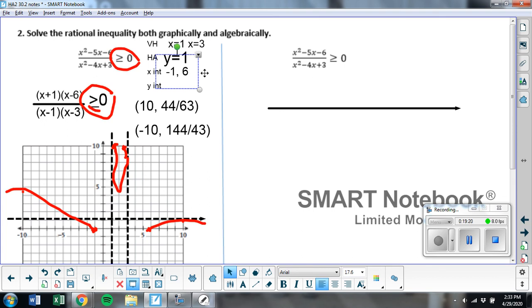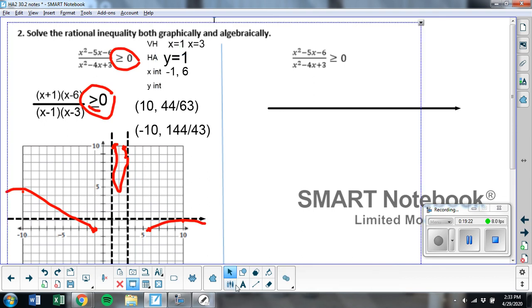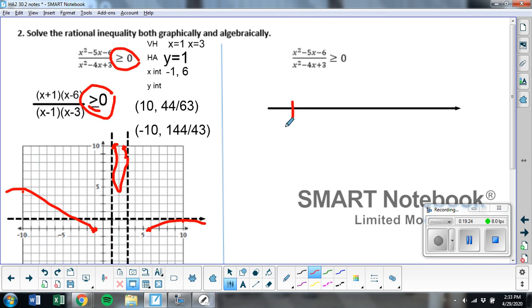So let's put those in numerical order. So we're going to have negative 1, and then 1, 3, 6. These do not have to be lined up perfectly. You don't have to have the right distance between them. We just need the vertical asymptote numbers and the x-intercept numbers on our number line here.